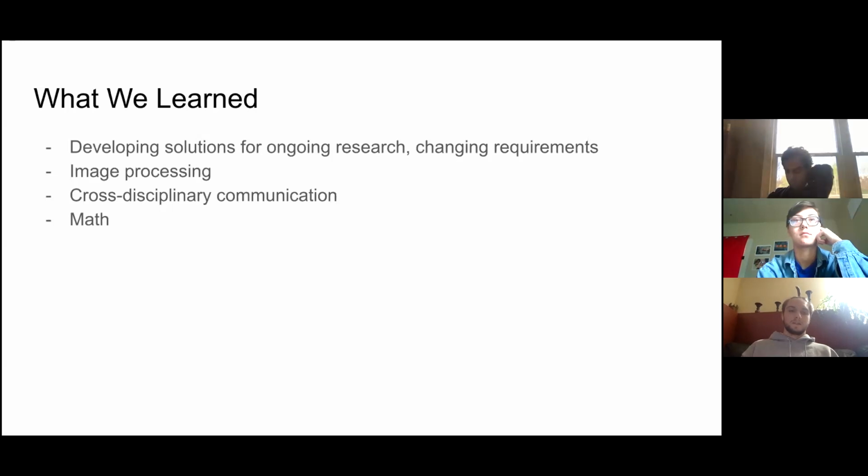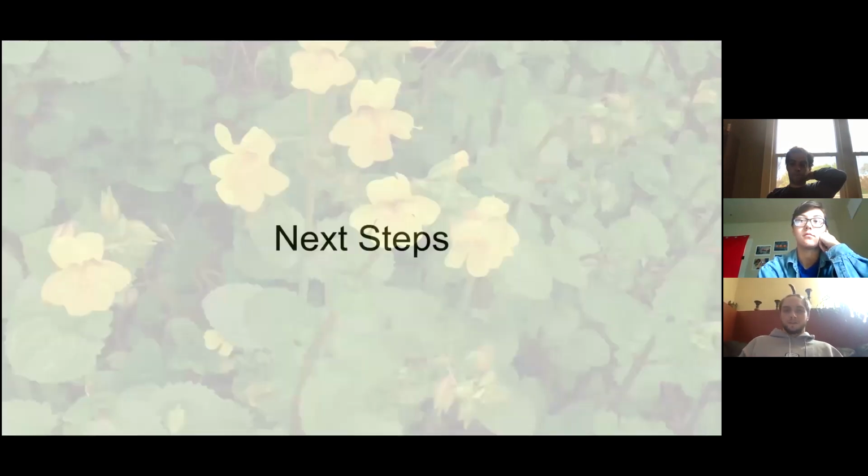And then the most interesting thing for me was learning about cross-disciplinary communication, as we were collaborating with people in the biology department who knew a lot about biology, but maybe not as much about the computer side of things that we were focused on. So there was some work going into translating what they wanted from what we were able to do and stuff like that. And then lastly, we'll just briefly talk about the next steps that we would have liked to do if we had more time.